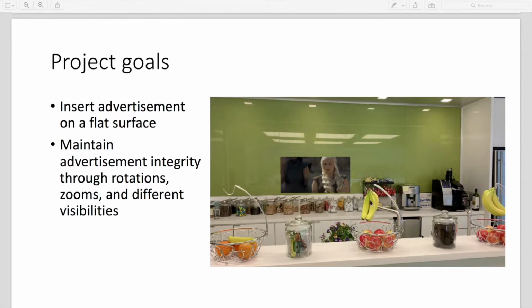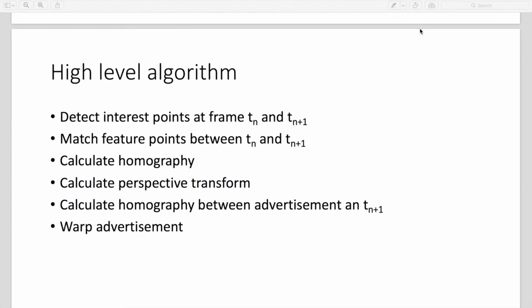Okay, so at a high level, the first step is to detect the interest points in the frame at time n and n+1. We then match the feature points between frames at time n and n+1. Then calculate the homography between these points, which will tell us how the points shift from frame time n to time n+1.